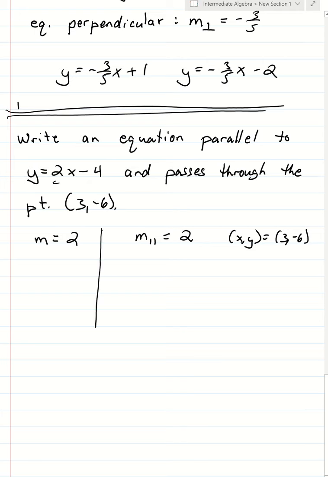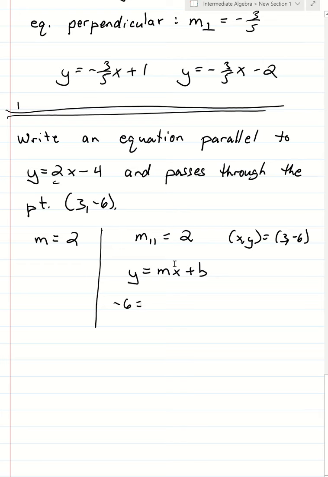So now I have enough information to come up with my equation, y equals mx plus b. And I'm going to plug in my information to figure out the b value, in which case y is -6.